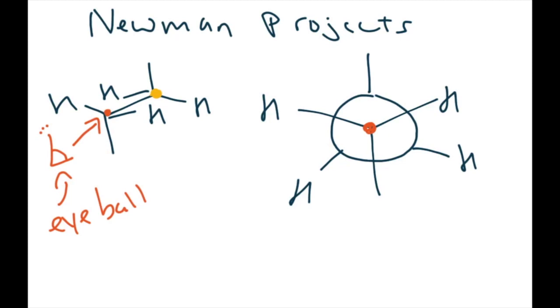You're seeing that front carbon. That's the front girl, right? The carbon behind that front carbon, you don't get to see that it's there. It's blocked out. But what you do see is the fact that it has groups coming off of it. So let's see here.